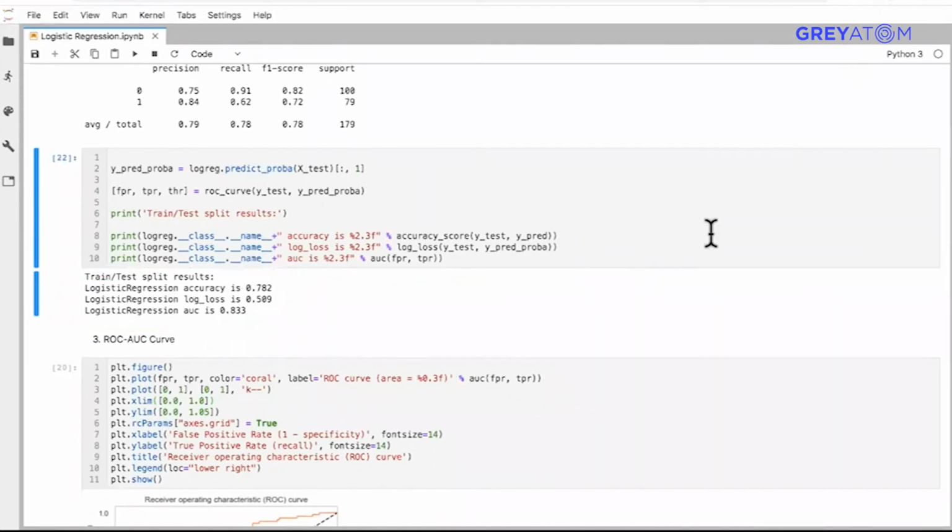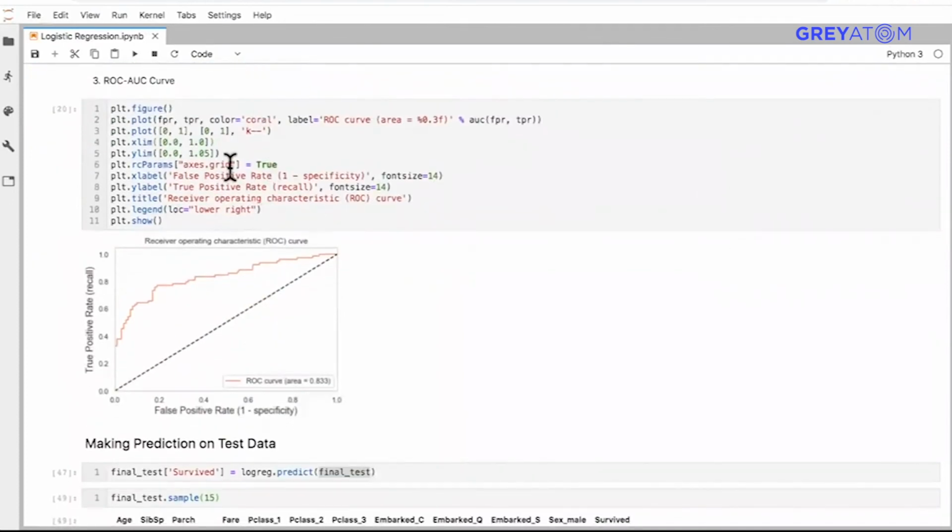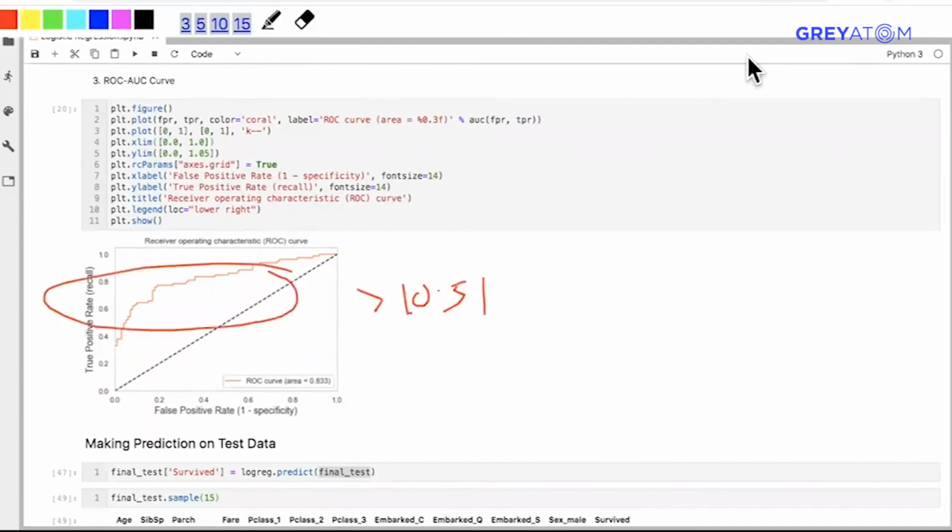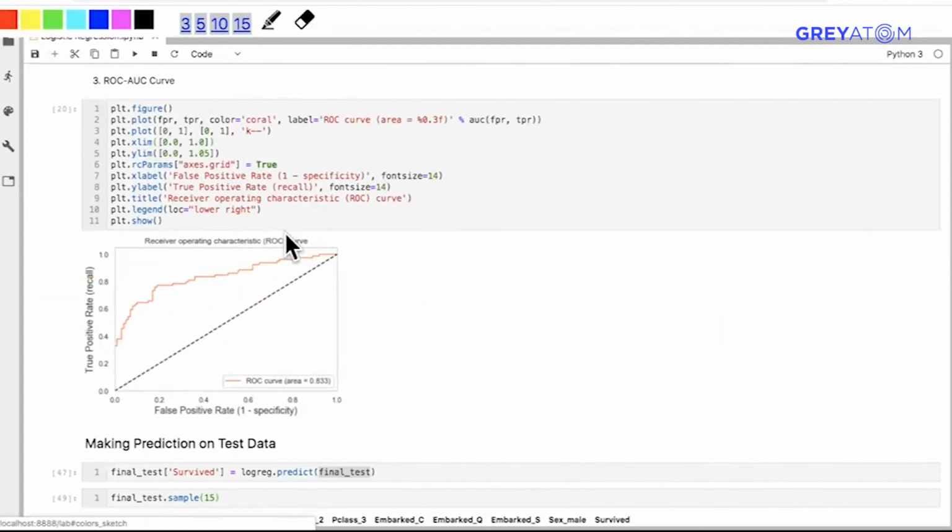So let's look at the ROC curve here for this model. This is the baseline, and my ROC curve looks like somewhere around here. And the area under the ROC curve is 0.83. You remember how I want my ROC to be somewhere here? If my model would have been somewhere here, I would have been really super happy.